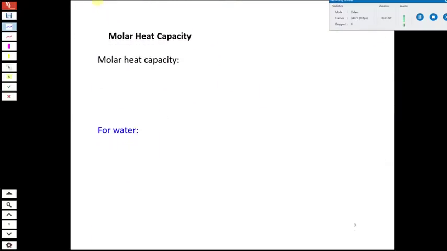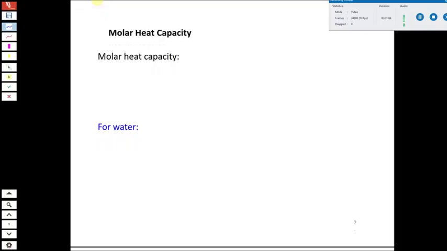Related to specific heat capacity, we also have molar heat capacity. We don't use this as much, but we should be familiar with it. As the name implies, molar heat capacity is the amount of heat needed to raise 1 mole of substance by 1 degree instead of 1 gram of substance.